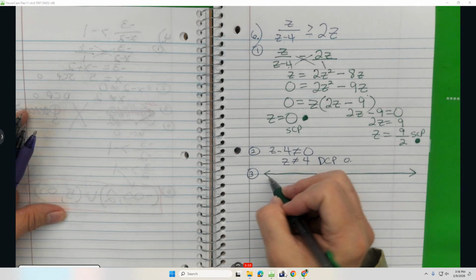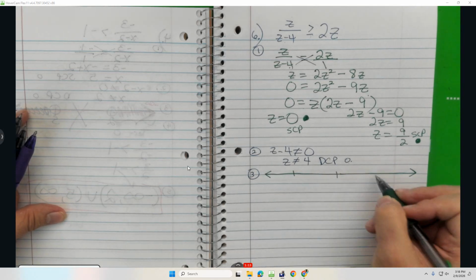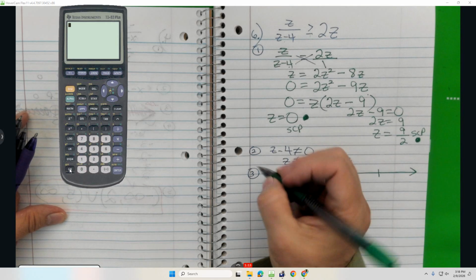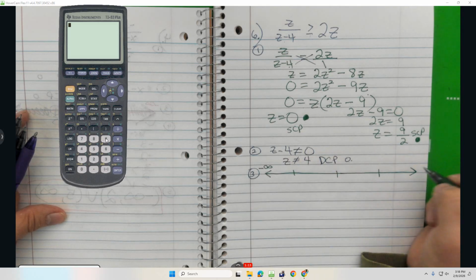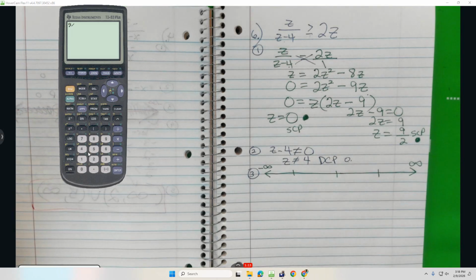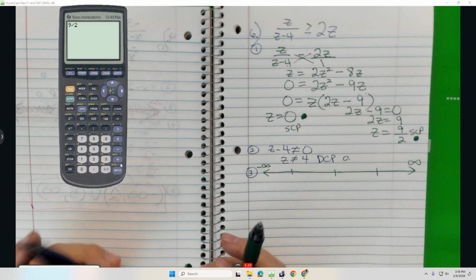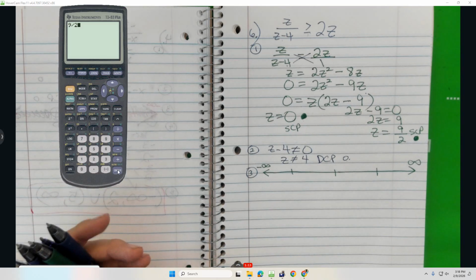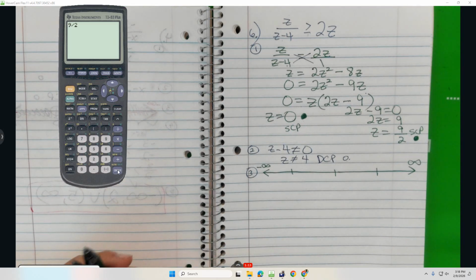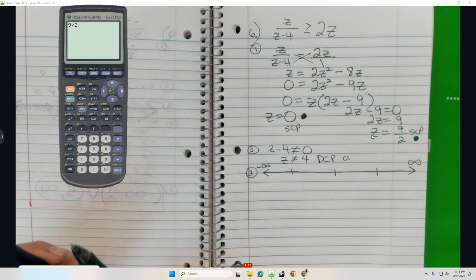Remember, you must label them small to big. That fraction is the thing that gives me a little trouble. I'm thinking that students might have trouble labeling that 9 over 2.